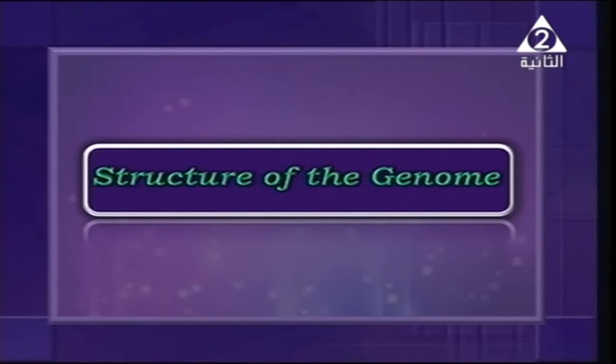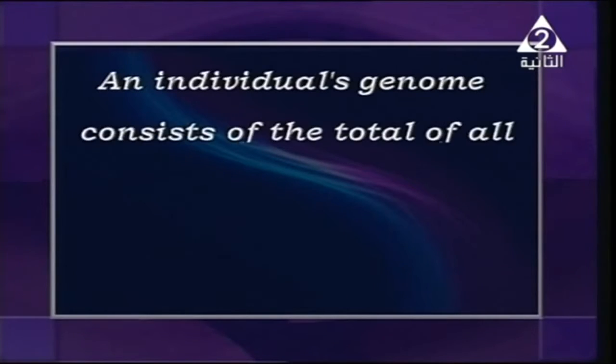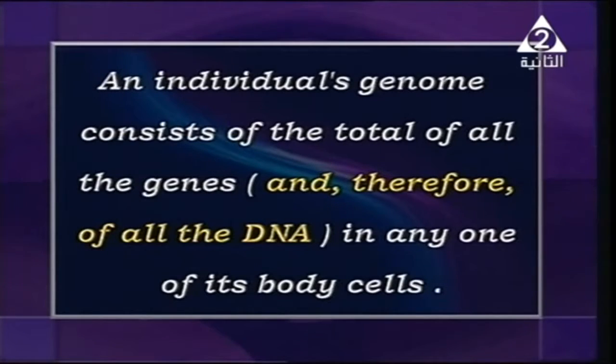What about the structure of the genome? We have some information about the human genome and how the human genome affects everything in human life. Actually, an individual's genome consists of the total of all genes, and also of the DNA in any one of its body cells.